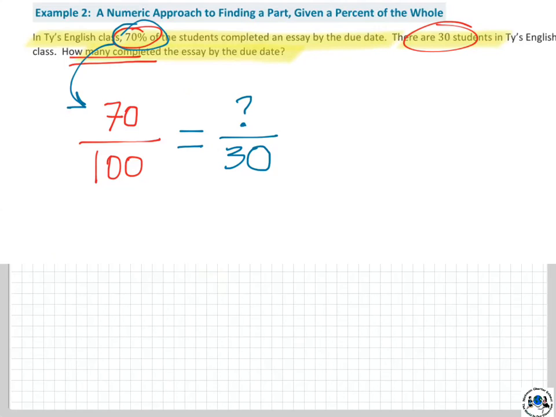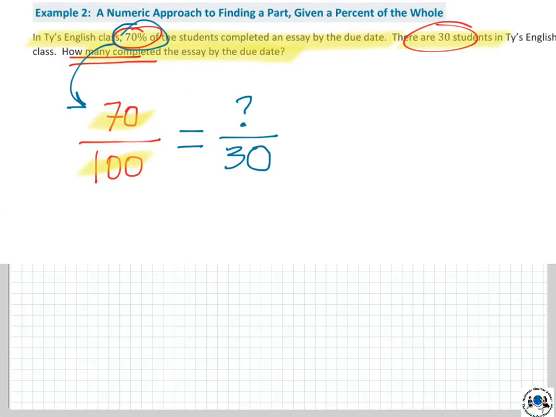The 30 represents the total kids in Ty's English class, so we have unknown out of 30. Percent just says, if you had 100 kids in this class, 70 of them would have gotten A's on this exam or this essay.